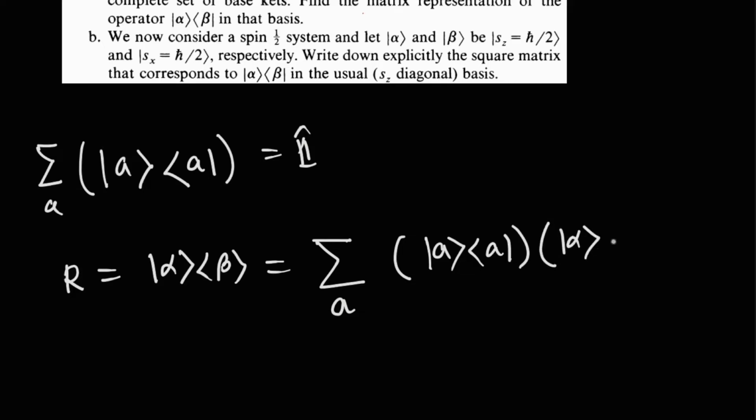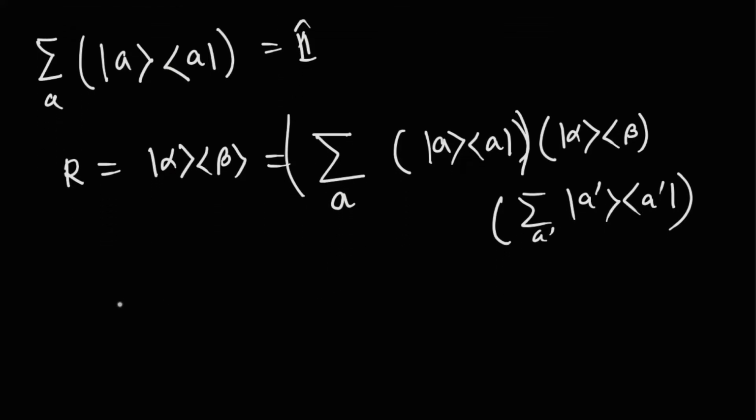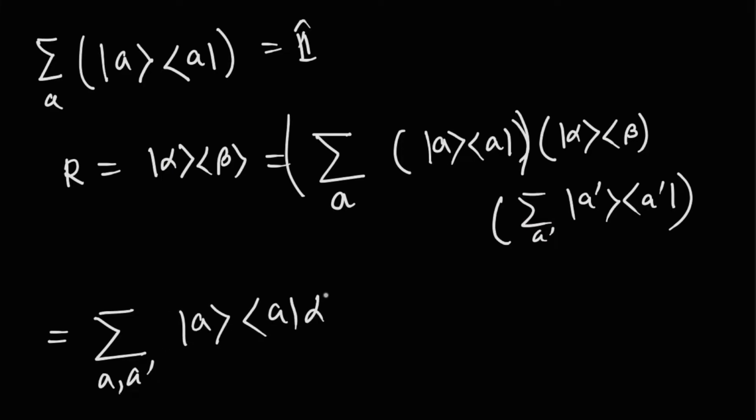If we use this relation we will get summation of |a'⟩⟨a'|alpha⟩⟨beta|a''⟩⟨a''|, so that will equal summation of |a'⟩⟨a'|alpha⟩⟨beta|a''⟩⟨a''|.